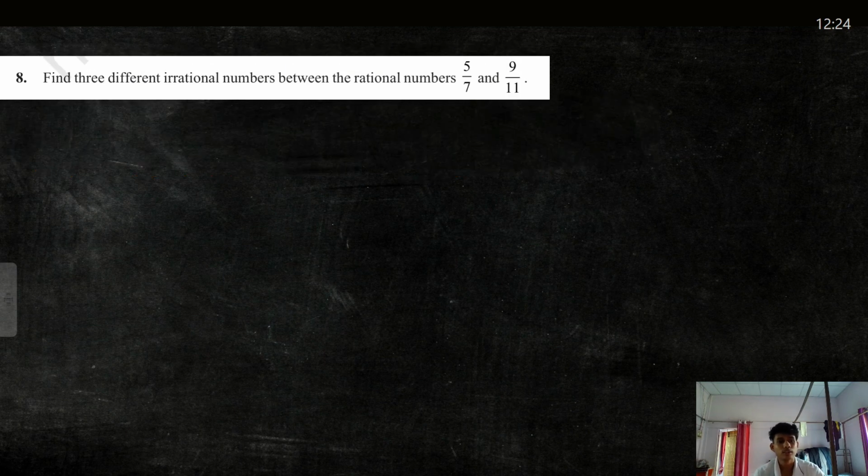Okay, now it says find 3 different irrational numbers between 5 by 7 and 9 by 11.